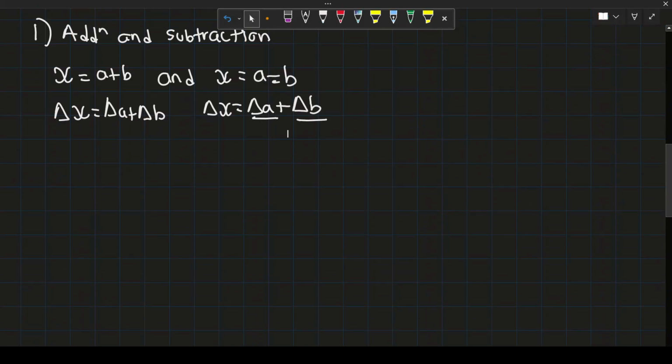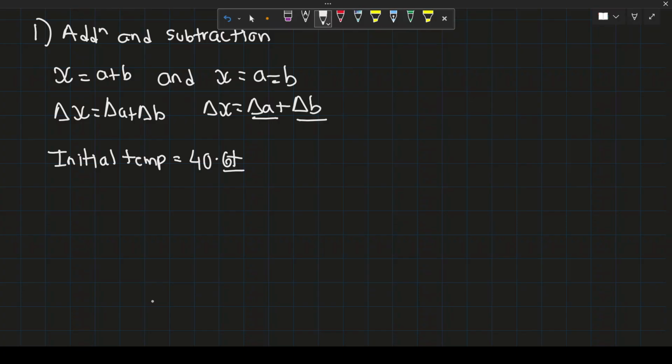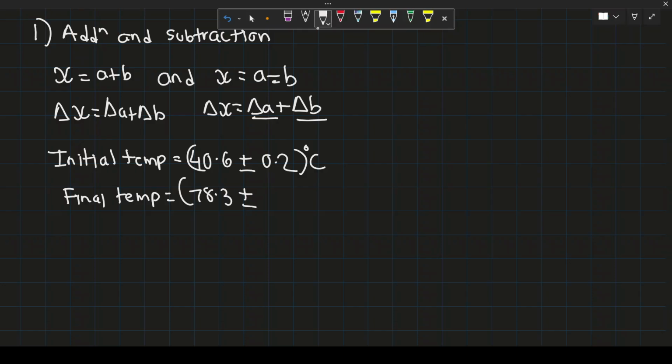Let's say, for example, there's a question which says the initial temperature is given as 40.6 plus minus 0.2 degrees Celsius, and your final temperature is 78.3 plus minus 0.3 degrees Celsius, and they ask you to calculate the rise in temperature.